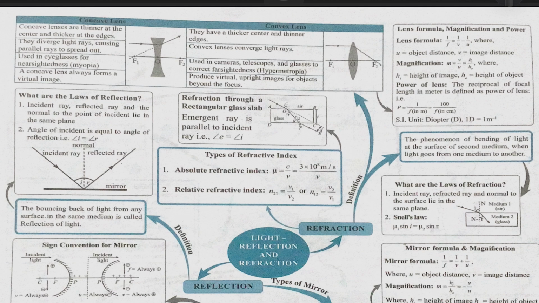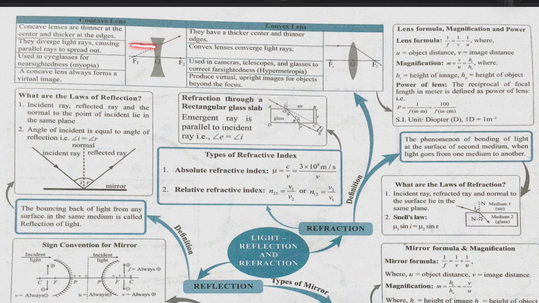So the two types of spherical lens we are going to discuss in this 10th standard are concave lens and convex lens. Concave lens is thinner at the center and thicker at the edges. They diverge the light rays, causing parallel rays to spread out.